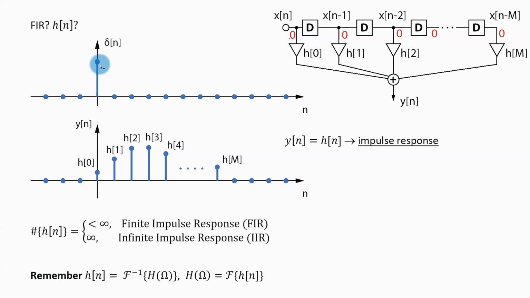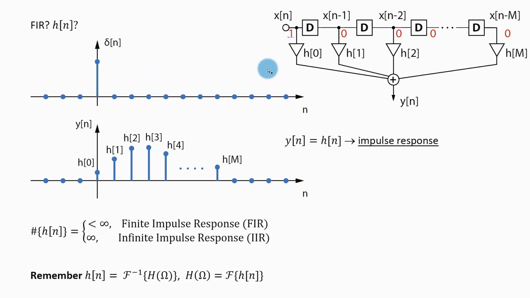When time 0 comes, these values shift, and number 1 comes to the input, that is this number 1.